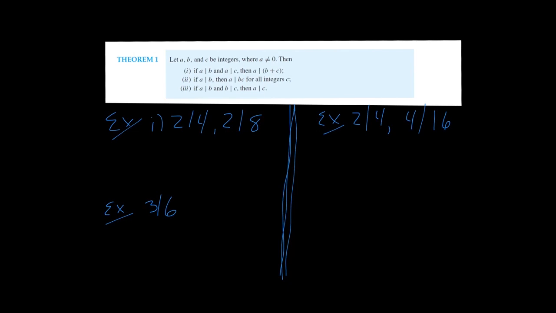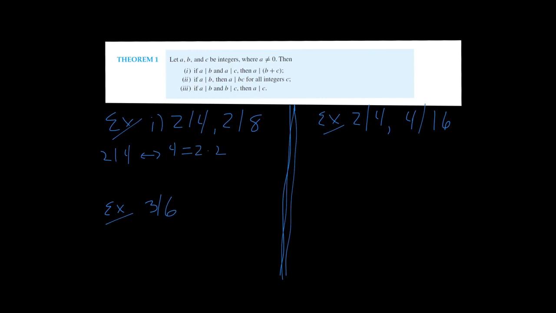Okay? So let's look at this example right here. We have that 2 divides 4, clearly, because I can write 4 as 2 times another integer, 2 times 2 specifically.